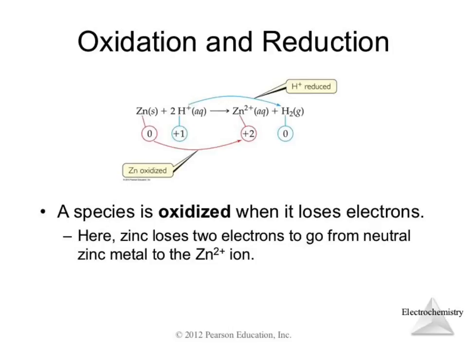What did I lose? Electrons. What are electrons? Negatively charged. The mathematical symbol for loss is minus. If an electron is negatively charged and I lose it, what have I done? Plus. I've gained. I've increased the oxidation number.